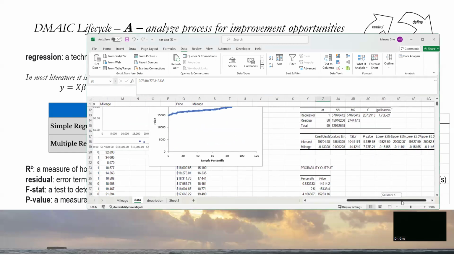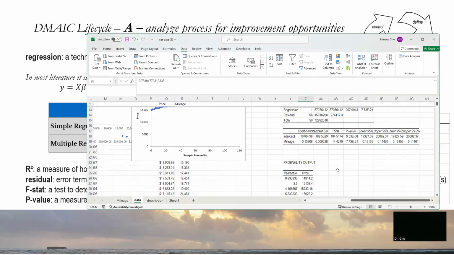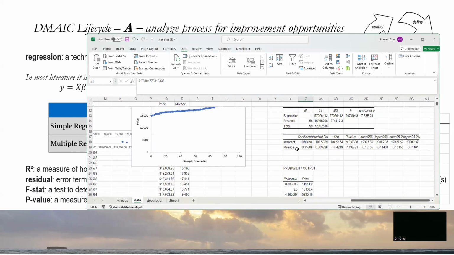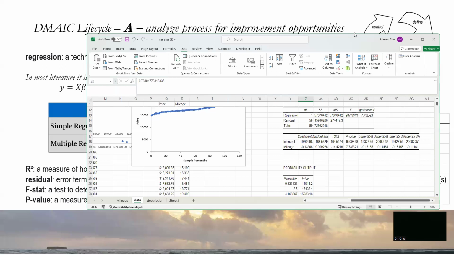Next, I want to look at the coefficient itself. I have the mileage. Because I left the label in there, it makes it easy. The coefficient is negative 0.3308. I mean, for every mile that I drive, I'm losing 33 cents of value in that Malibu.